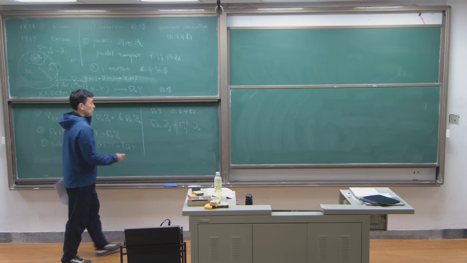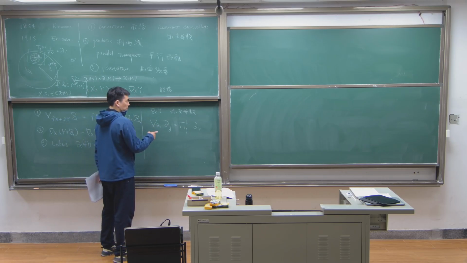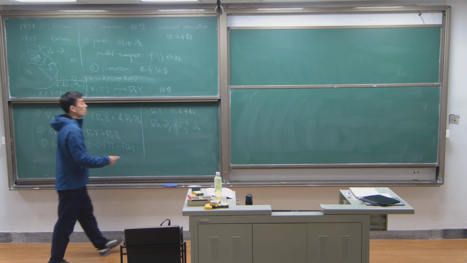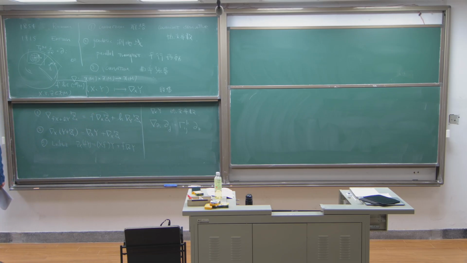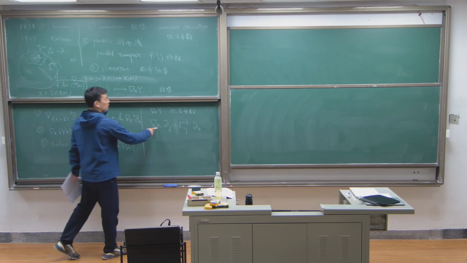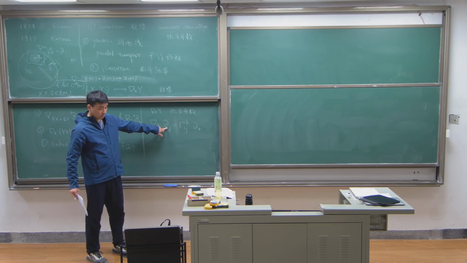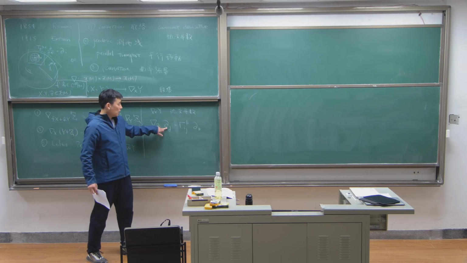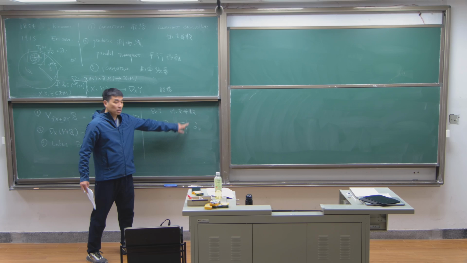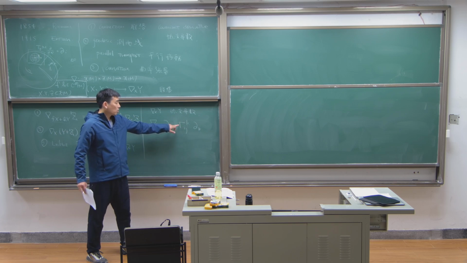Okay. So ∂_i, ∂_j are the local coordinates of the 基底, 这是切空间的基底. So ∂_i acts on another element of the basis, you get the connection.